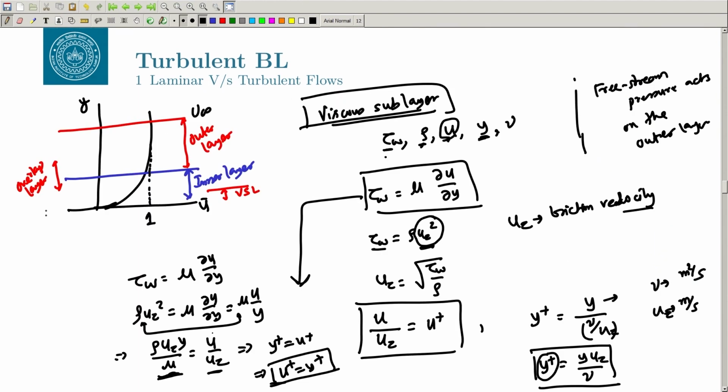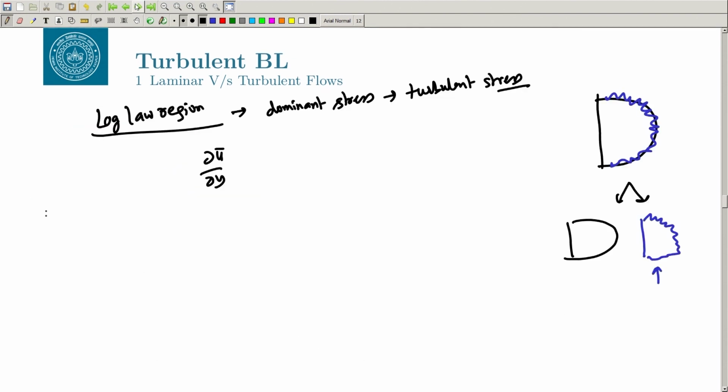I should actually use u bar, because we are talking about the mean flow. So u plus is u bar by u tau, because u is u bar plus u fluctuations, and the fluctuations give you the stresses.